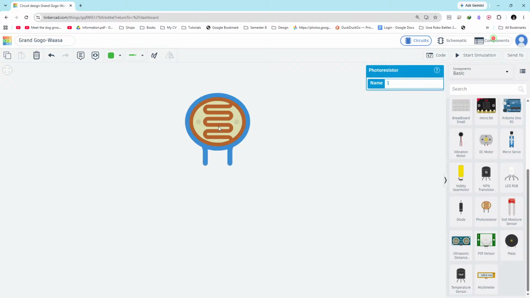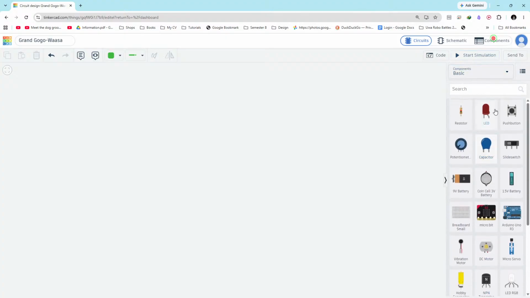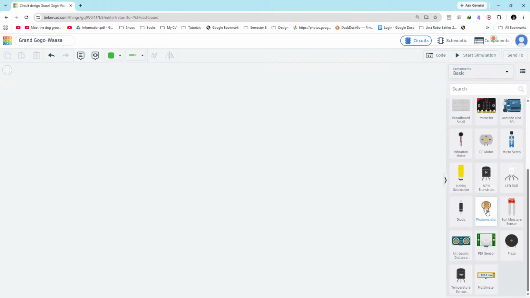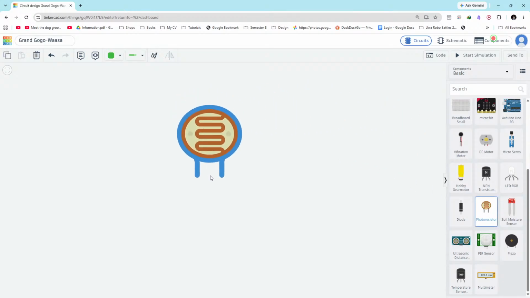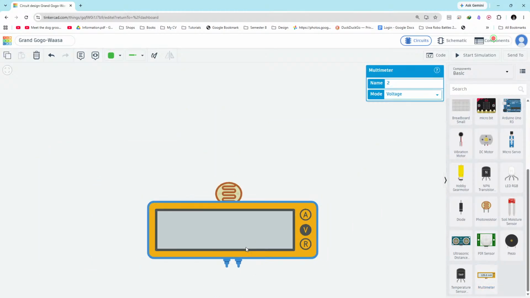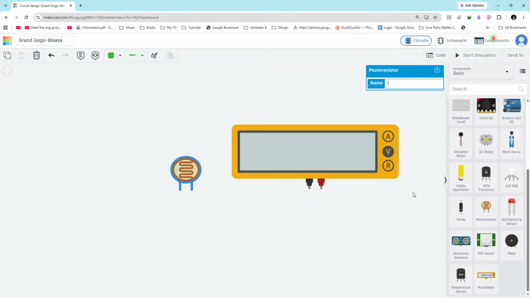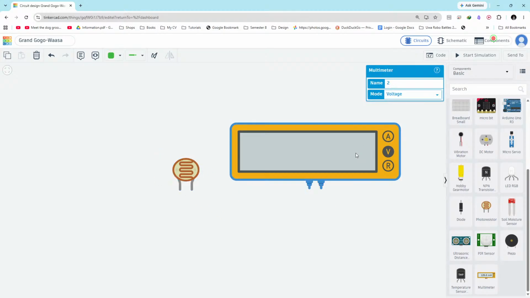I took this component from the basic list of components. Basically what you need to do is scroll down and drag and drop this component to your workspace. Once you have that, you can also drag and drop a multimeter. Right now we are interested in measuring the resistance, so for the multimeter, you can change the mode to resistance.